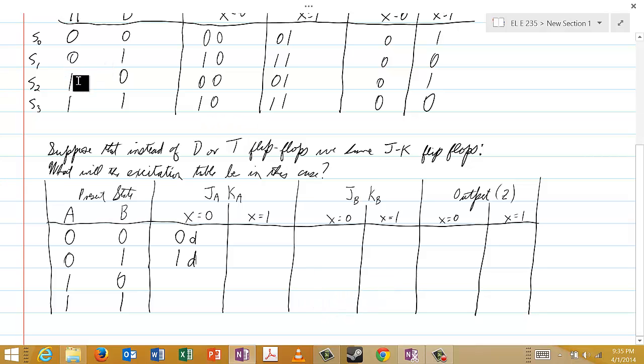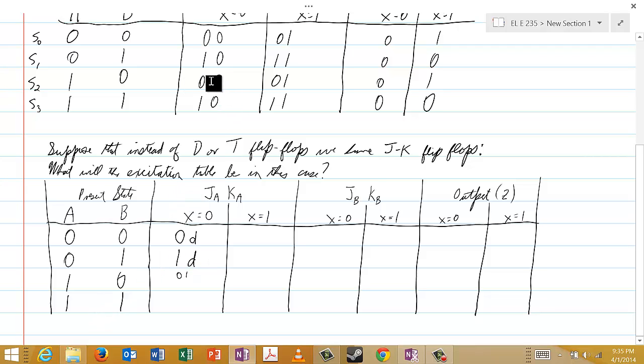We go from present value is 1 to next value is 0. Okay, how will that happen? Well, one way that would happen would be if we had 0, 1, because whenever J is 0 and K is 1, that says the next value of the output will be 0 regardless of whatever the present value is.